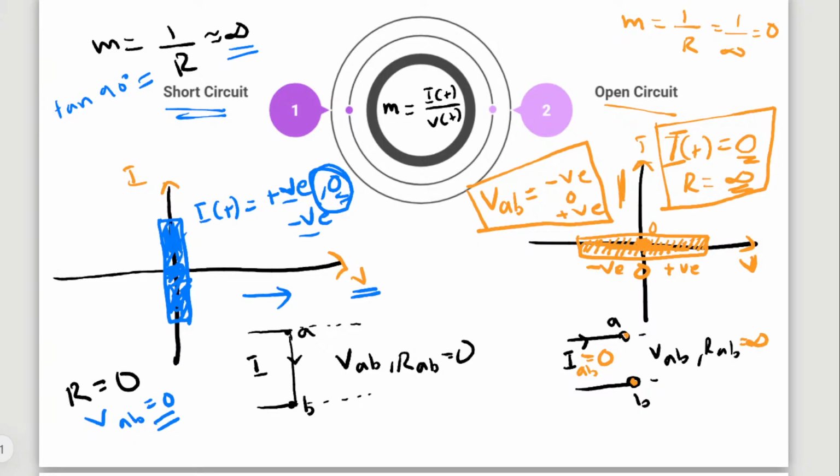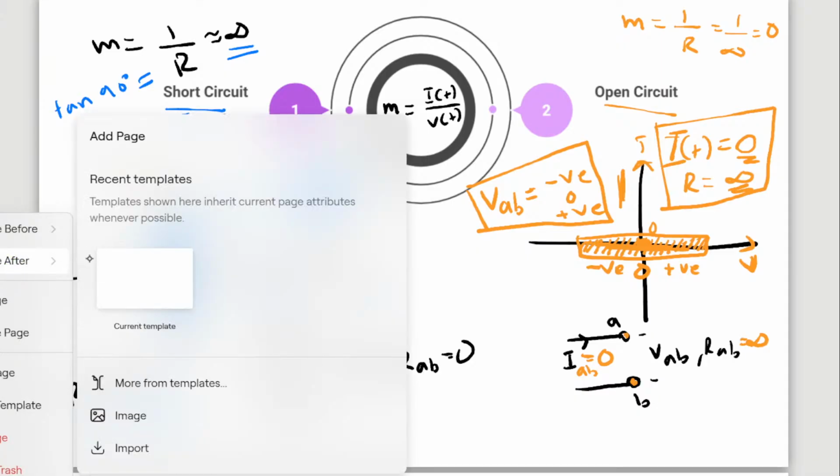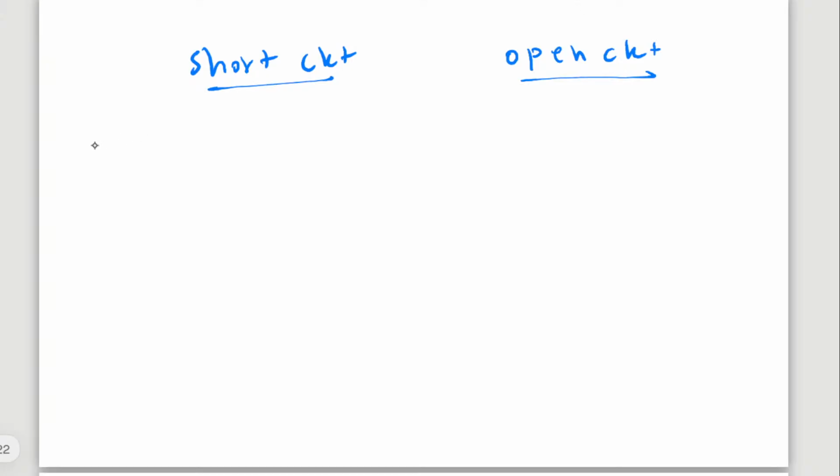Okay. So I'm just summarizing the key points here, only key points, that is short circuit and open circuit. Short circuit resistance value is 0, open circuit resistance value is infinity.